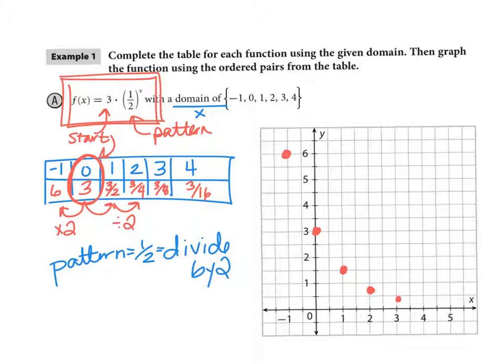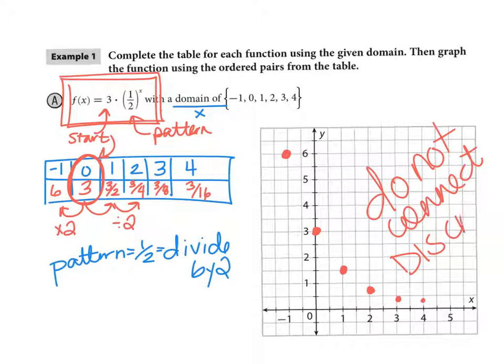You should notice we're getting really, really small here, and we're not going to connect them because they give us separate points. So do not connect. And remember, we call this discrete when they're not connected. Discrete. We haven't talked about that word in a while. If you have questions, write your questions in your notes for this example so we can talk about that specifically tomorrow.